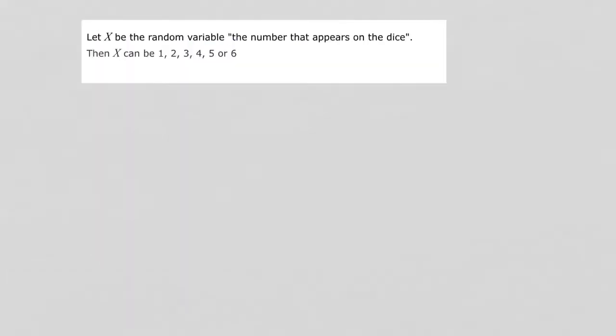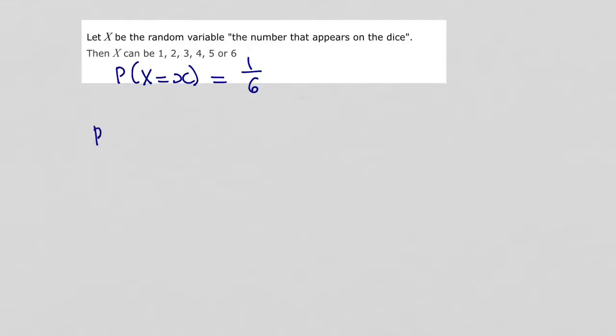Okay, I've got another situation here, and X is the random variable, the number that appears on the dice. X can be 1, 2, 3, 4, 5 or 6, okay? Now, because they're all going to be the same probability, I can write this in one of two ways. I can just do a table, because I'm sure we all agree that the probabilities here are all going to be a sixth.